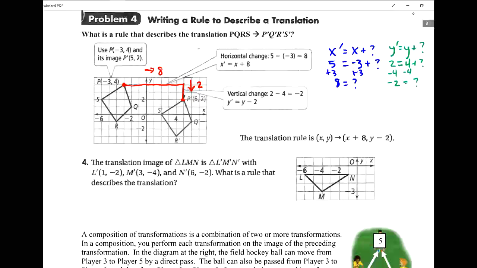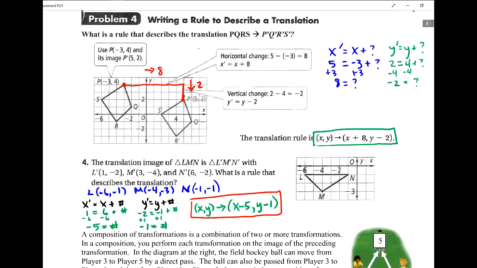It can be done numerically, it can be done graphically. Either way, we get a translation rule: x plus 8, y minus 2. Our x, y points, every single one of them, maps to x plus 8, y minus 2. All right, pause the video, do the next problem.